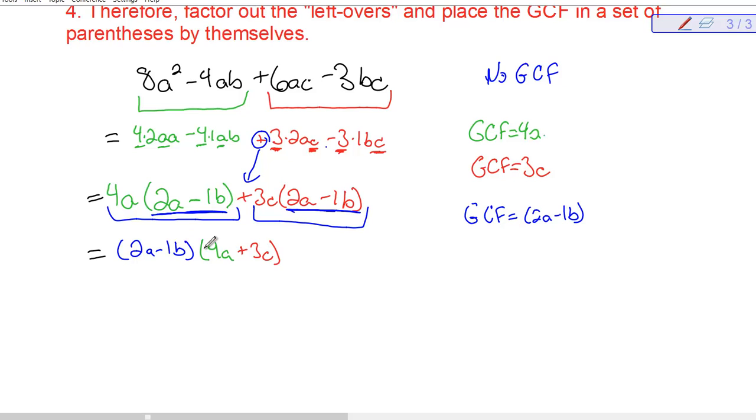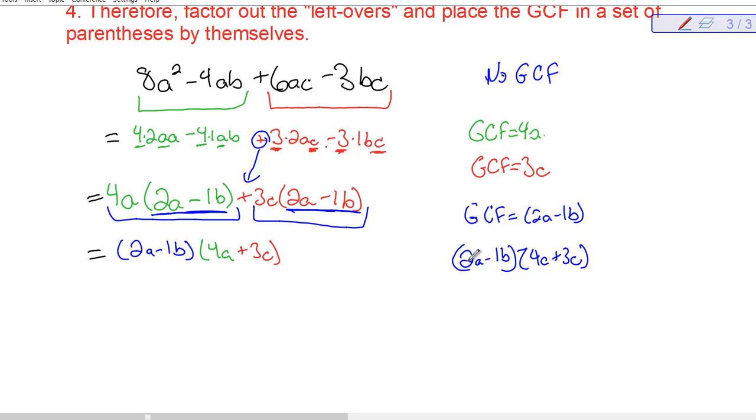And I can always check myself because I can FOIL these together, multiply them together, and see if I got what I started with. So if I come over here, 2a minus 1b, let me rewrite that, 2a minus 1b times 4a plus 3c.